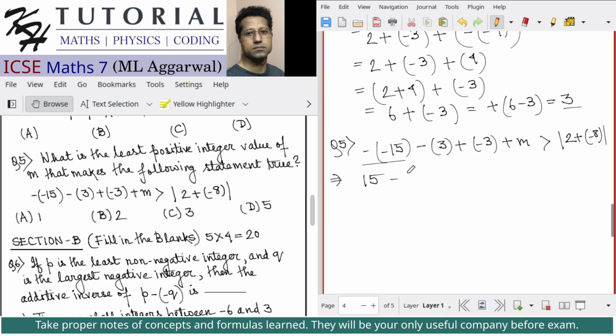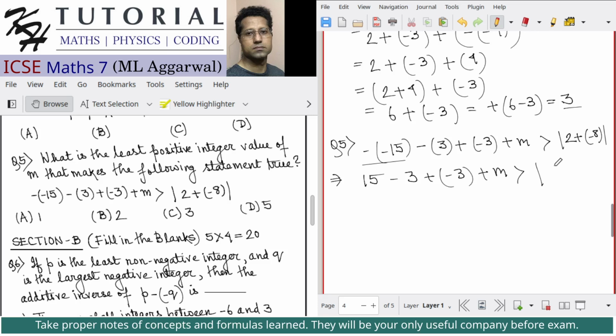And we have minus 3 plus minus 3 plus m greater than... what will be the value of the numerical expression inside the absolute notation? It is 2 plus minus 8, which means addition of one negative and one positive.